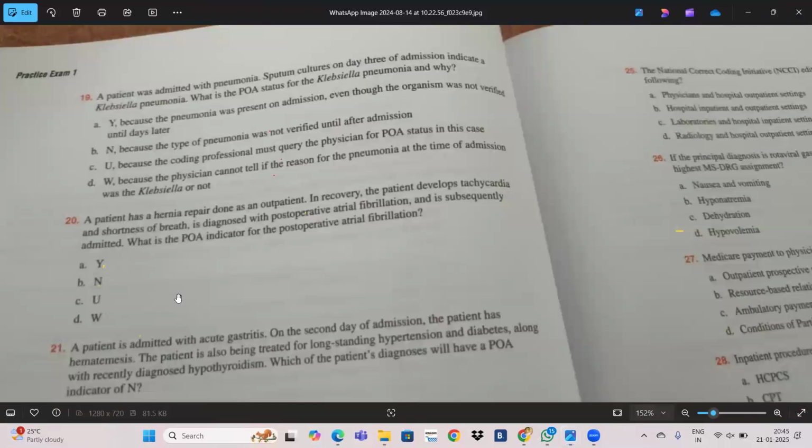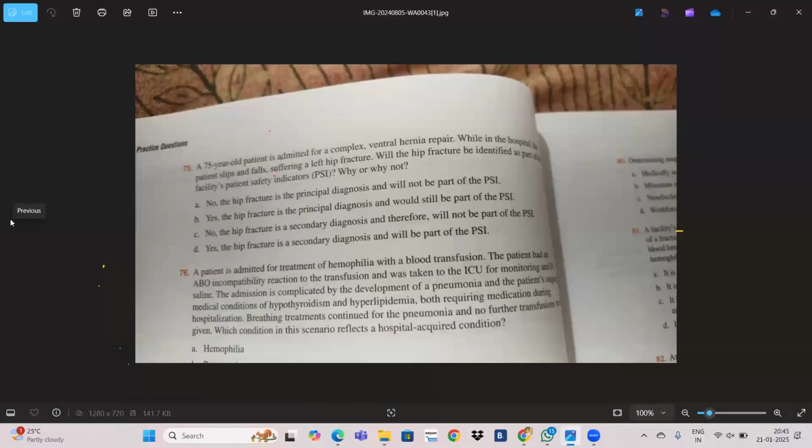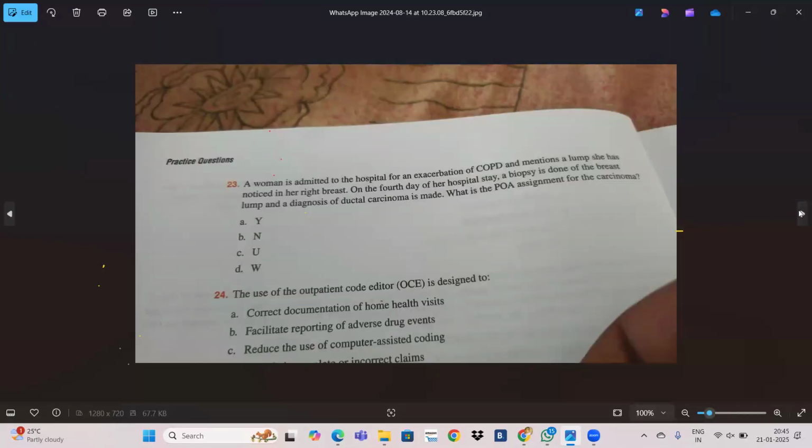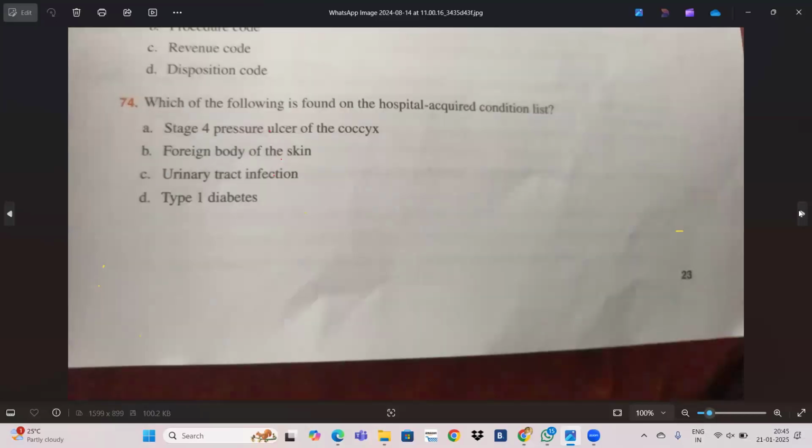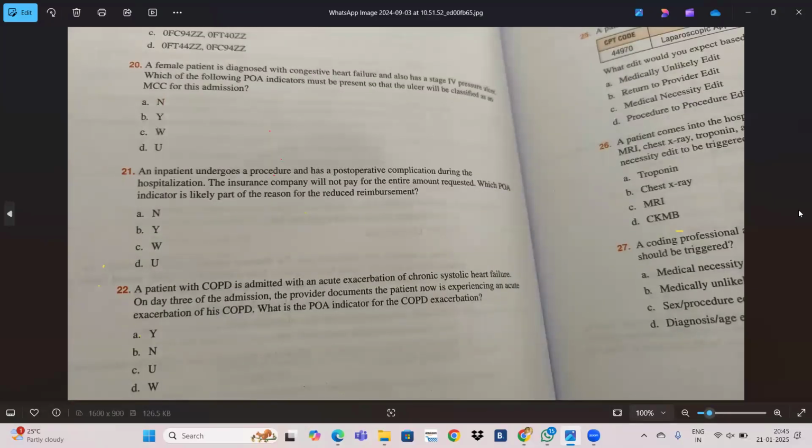Hematemesis means bleeding. Clear? Yes. Okay, 20, 21, 22. Tell me.